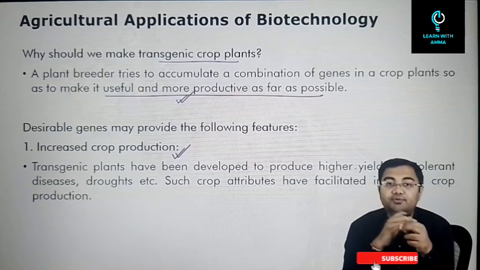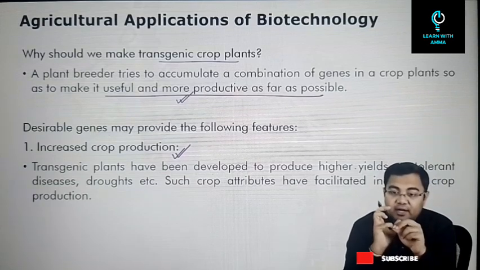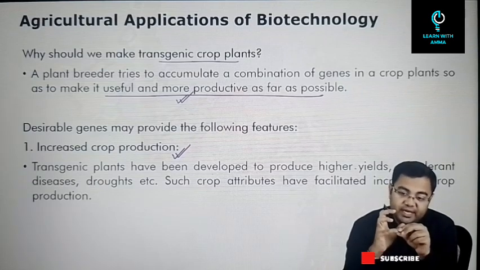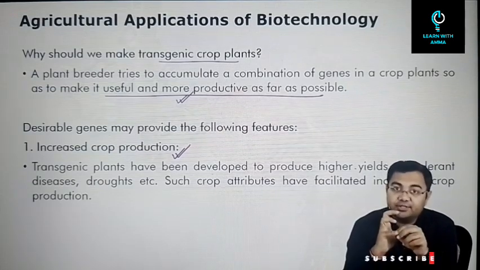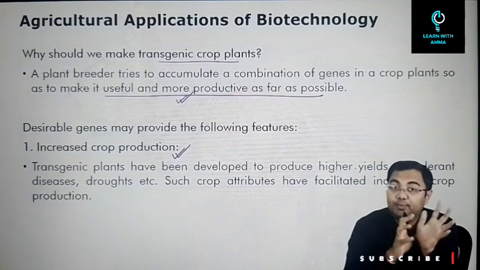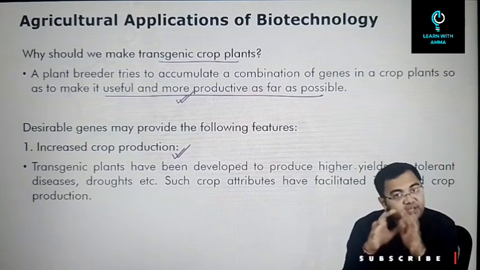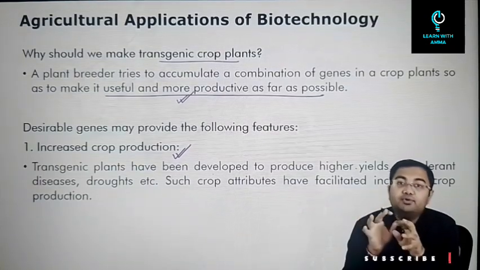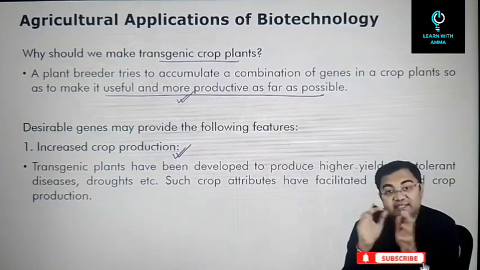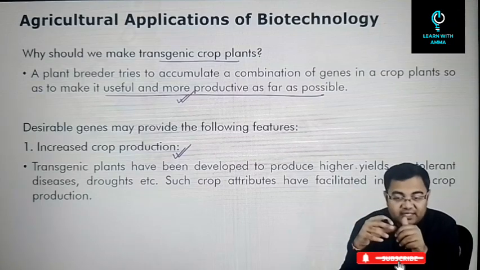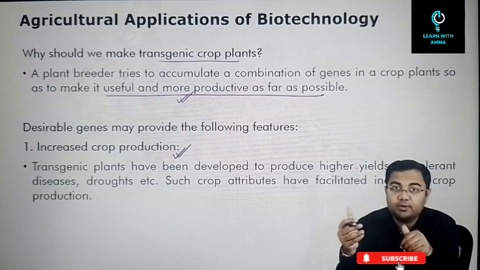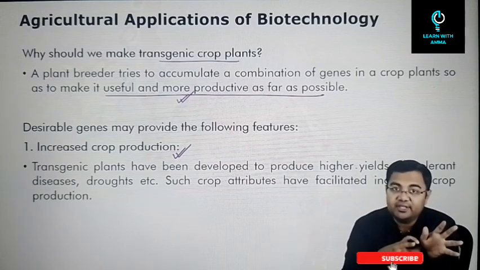For example, first of all, you can look at how you can make it flood resistant or drought resistant, so that excess of water or shortage of water does not cause any problem to the crop and crop production still happens as expected. Second way to do it would be to make it resistant to disease, so that the diseases which would have eaten and destroyed a lot of crops are not doing that.